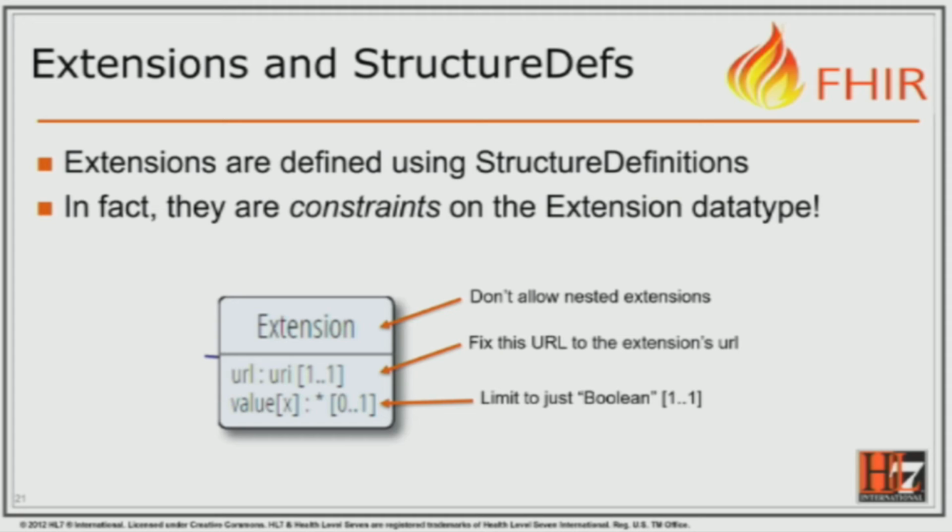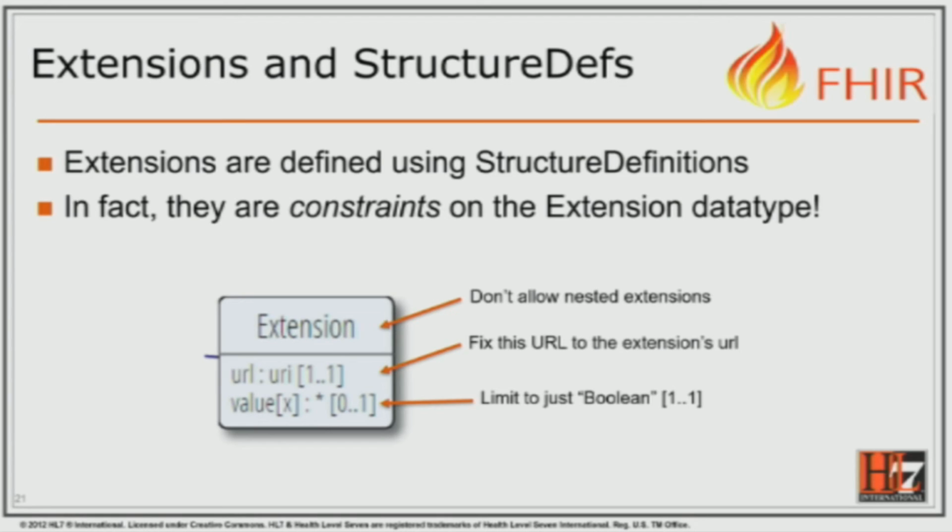And if you want to define an extension, say hair color, what you're doing is saying, here's a structure definition with the canonical URL, something hair color, and then constrain extension by constraining its URL to a fixed value, that is my canonical URL, and then saying, by the way, value X, hair color, is a codable concept.